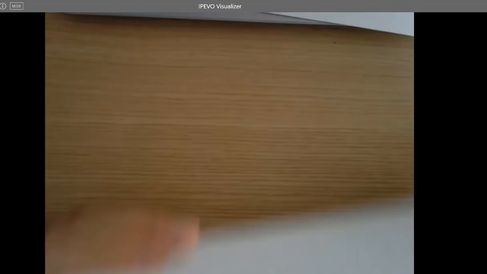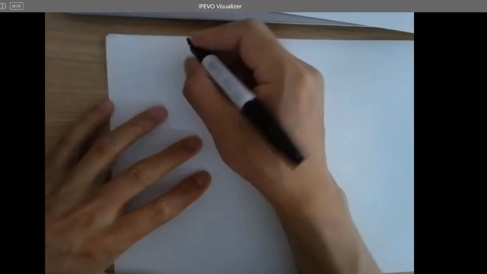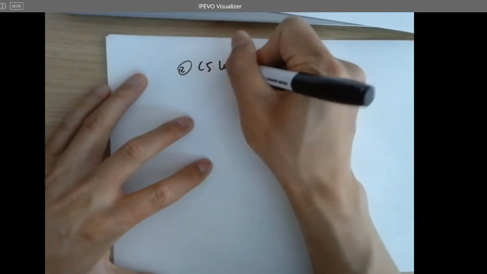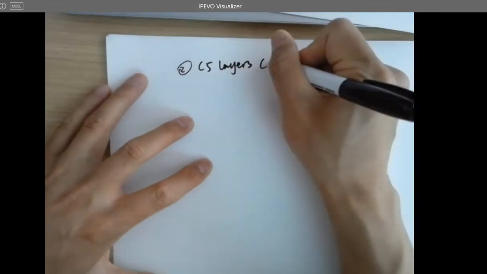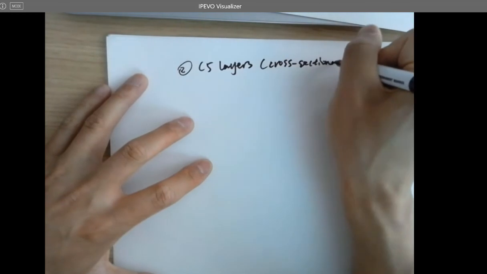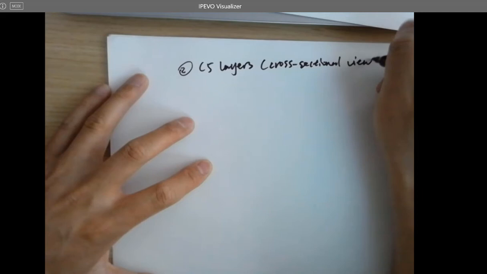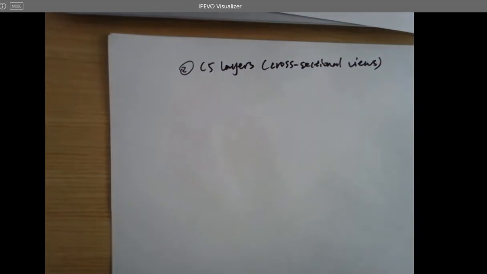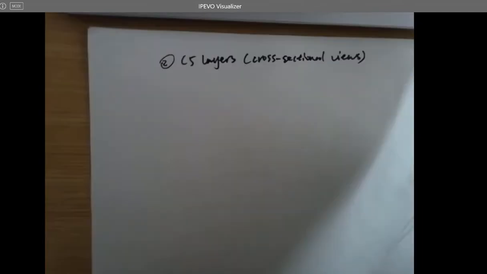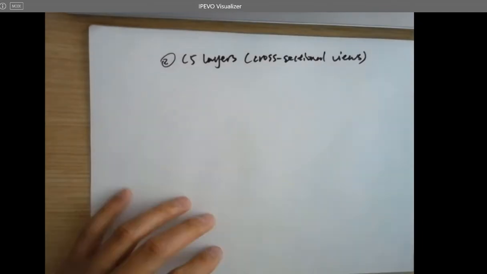Cross-sectional views. So C5 layers. I found it super boring to draw that grayscale top view for you guys.